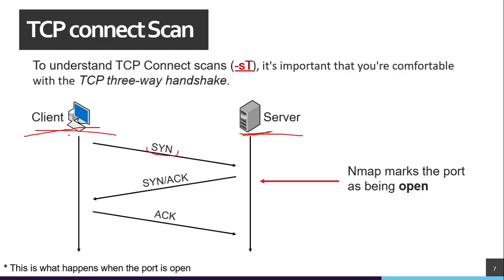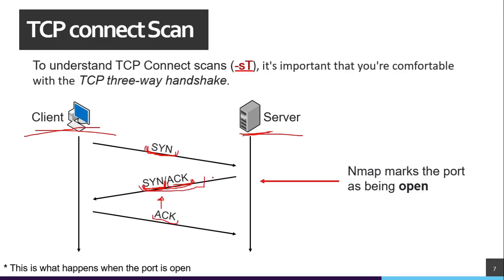It's saying to the server that our machine is trying to synchronize with the server. Then the server sends a TCP packet with the SYN-ACK flags set. SYN means that the server is also willing to synchronize with our client, and the ACK flag indicates to our client that the server has actually received the previous packet, which is the SYN packet. And then finally, our client sends back a TCP packet with the ACK flag to the server, indicating that it has received its previous packet.